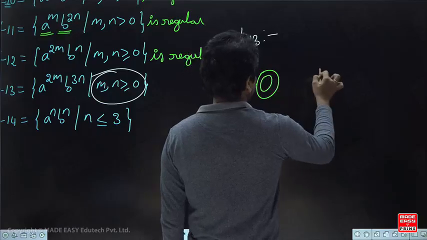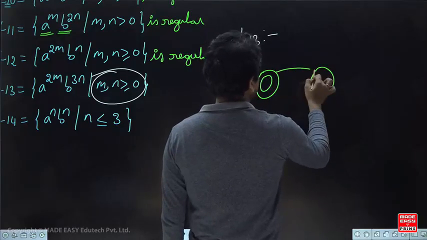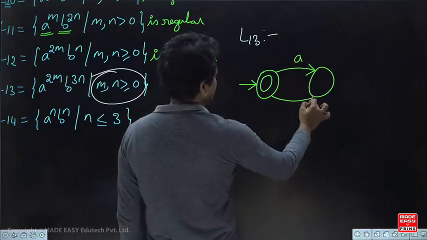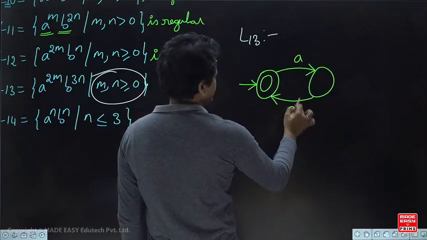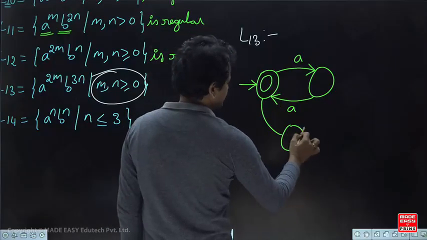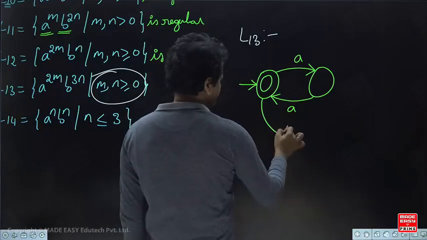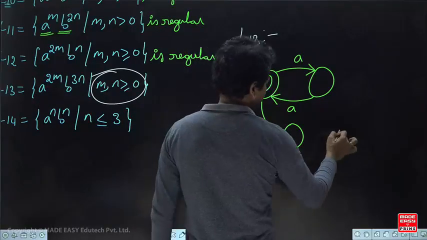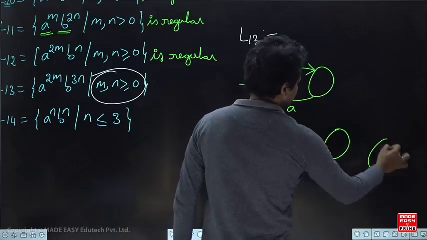And even number of A's means odd A go to non-final. For even A come to final. Are you following? For odd A non-final. For even A final. Next one. After A's are even, B's must be a multiple of 3.